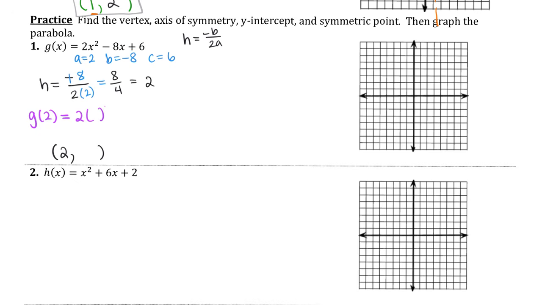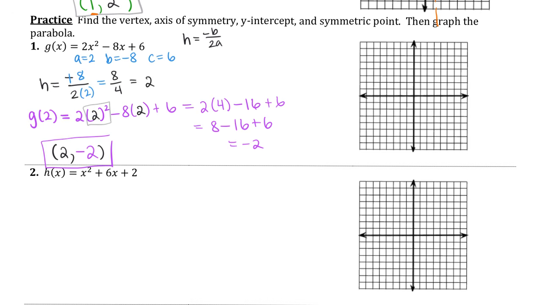For the x value, I'm plugging in the 2 that I just found as the x coordinate of the vertex. Okay, and then remember to respect your order of operations. 2 squared is 4. I'm running out of room, I'm going to go sideways. 2 squared is 4. 8 times 2 is 16 plus 6. 8 minus 16 plus 6 is negative 8 plus 6. I get negative 2. So my vertex is 2 comma negative 2.